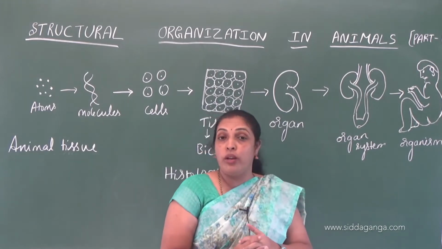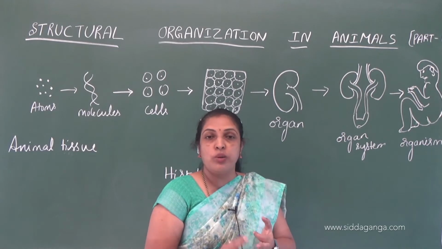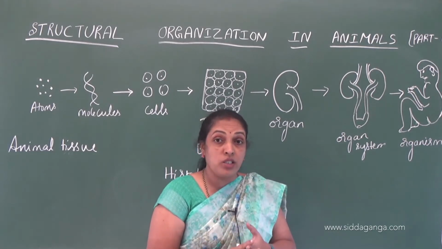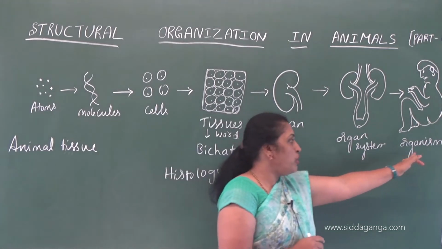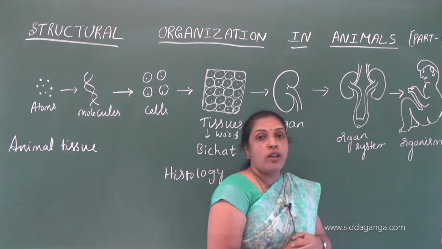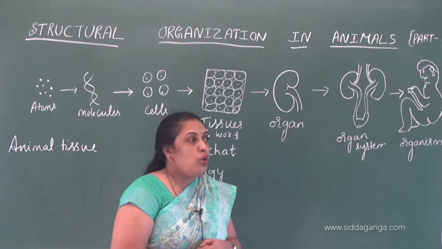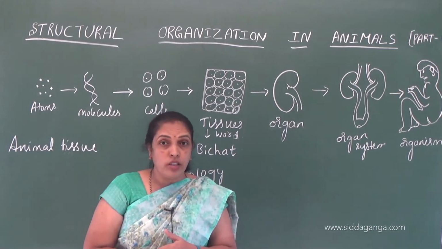In our body many organ systems are there, like the respiratory system, digestive system, reproductive system, excretory system, doing their particular function, that helps in the formation of the organism and also the survival of the organism. Understood? So, today in this chapter we are going to discuss animal tissue.